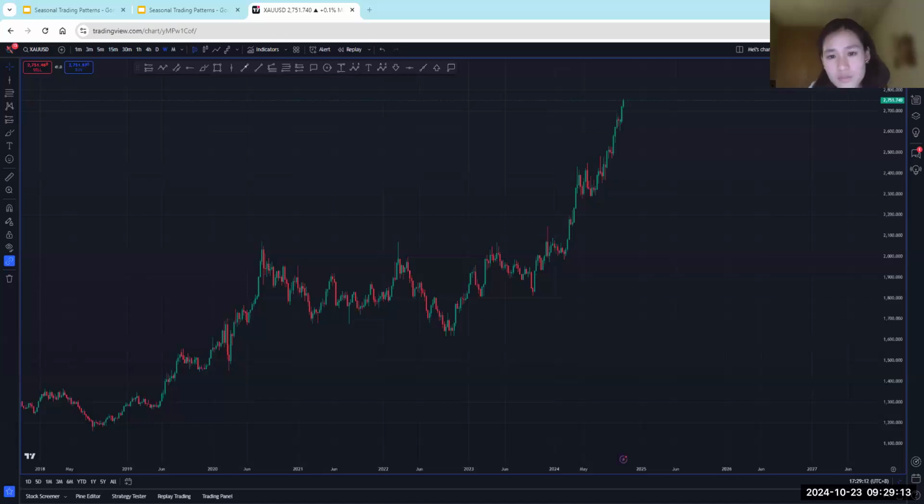Okay, we still have some time, so let's go ahead and take a look at some charts. Oh, no. Let's actually start off by looking at an economic calendar first.